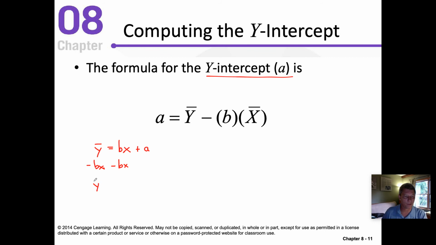It leaves me with the average y minus b times the average value of x, and that's going to equal a. It's the same formula, I've just switched the locations of a and y minus bx. So that's how you would calculate the value of the y-intercept, assuming that you know the average value of y, the slope of the regression line, and the average value of x.